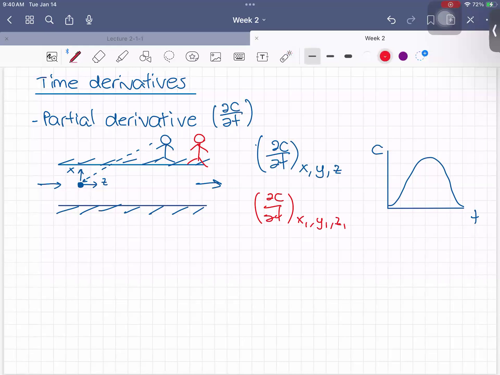All right. So the concentration change with time that he can see can be something like this. So what I'm saying is that in the partial derivative, the concentration is changing with time only, where the observer is fixed. He's not moving. So the plots of different observers will be different.